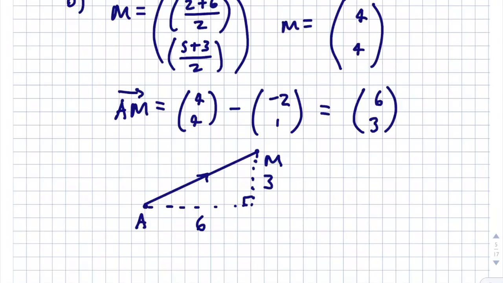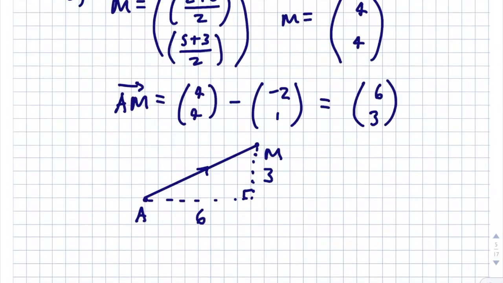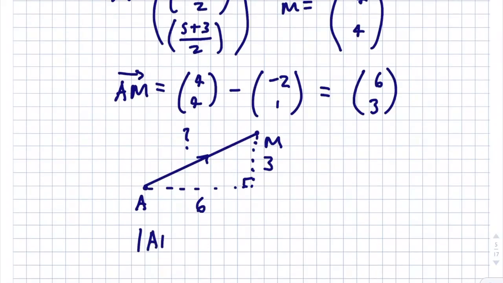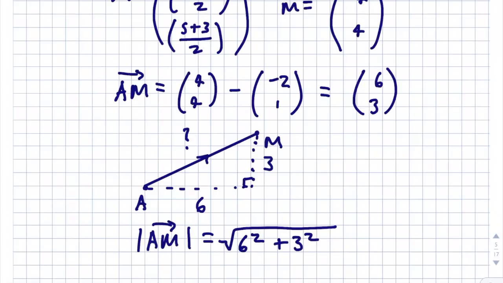To work out the magnitude of the vector itself, we can use Pythagoras' theorem, because it's equal to this length here. So the magnitude of the vector, which we write like this, is equal to the square root of 6 squared plus 3 squared, which simplifies to the square root of 36 plus 9.